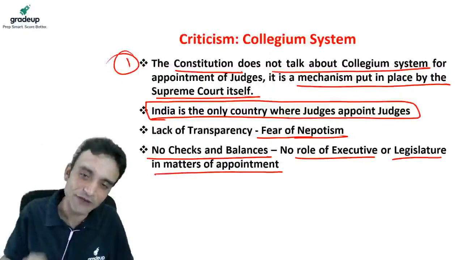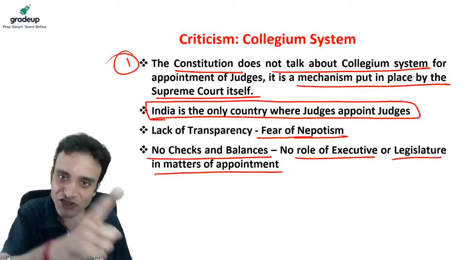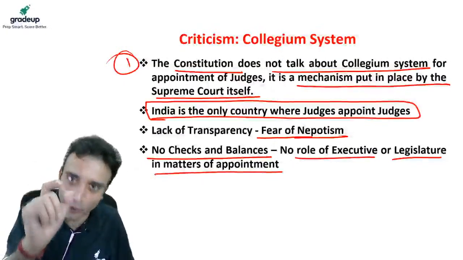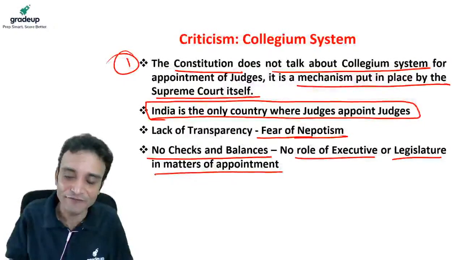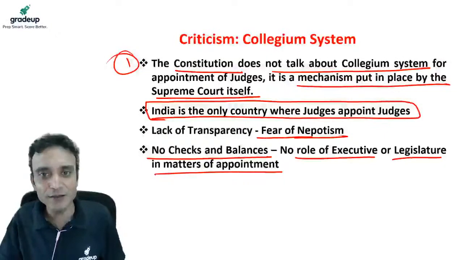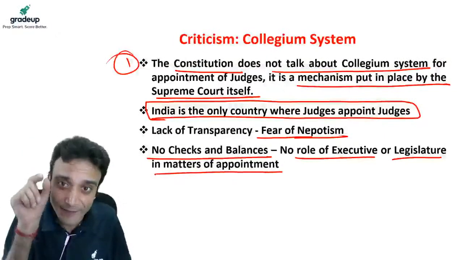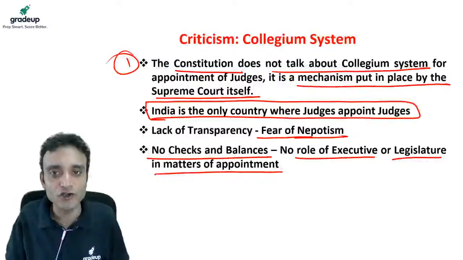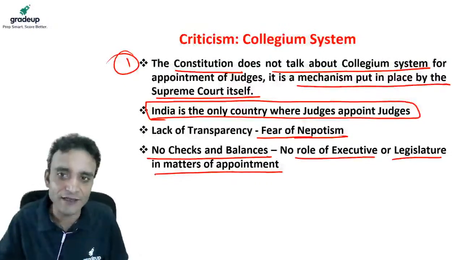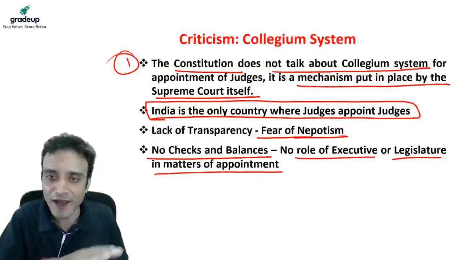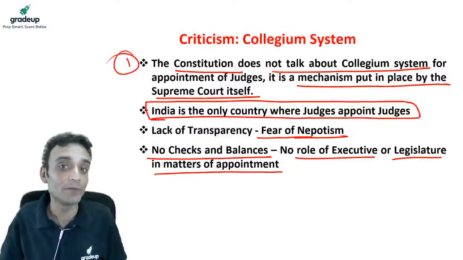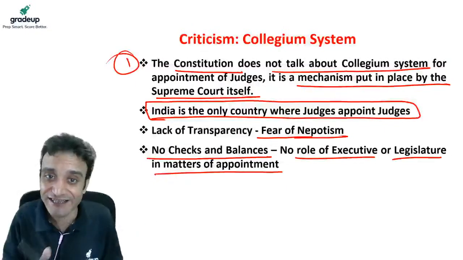If the executive does something wrong, it can be challenged before the Supreme Court. If a policy is made by the executive, that is subjected to legislative debates in the Parliament. But now, insofar as the appointment of the High Court or a Supreme Court judge is concerned, whatever the Supreme Court does is final, and the executive or the legislature does not have any role to play. There is no checks and balances.